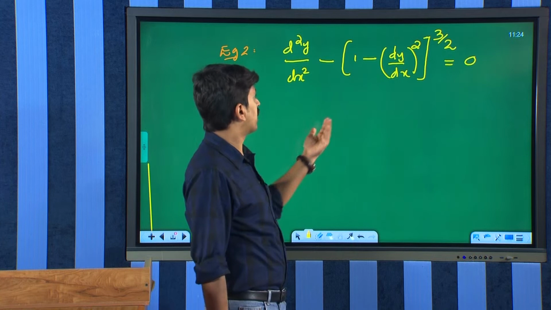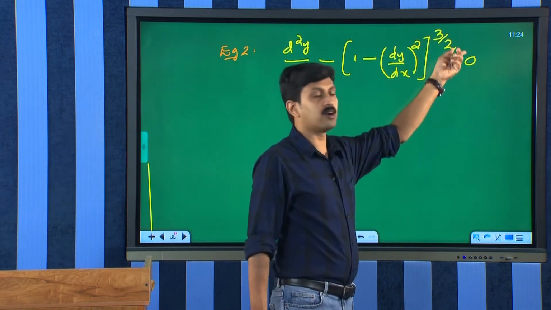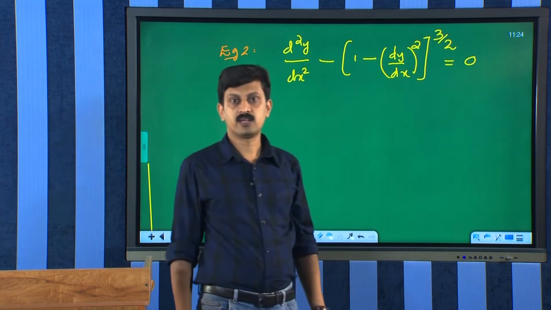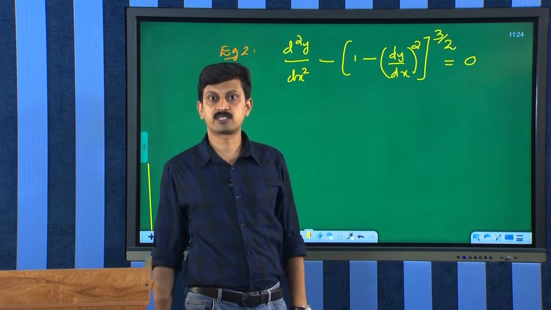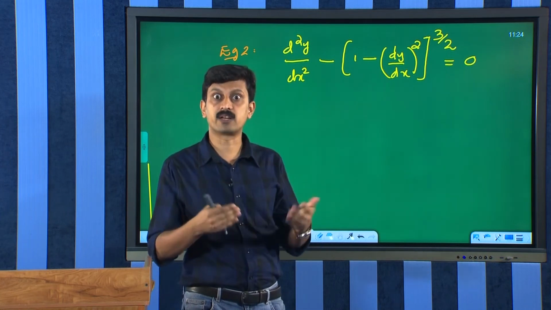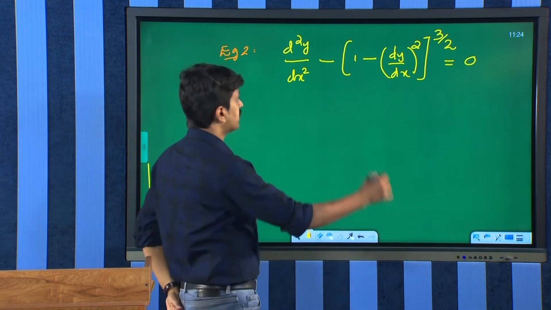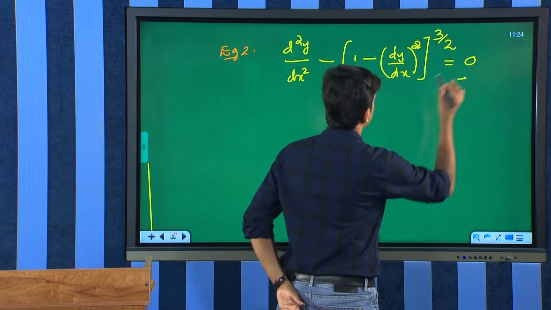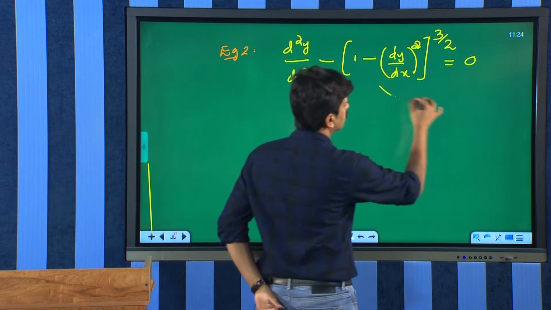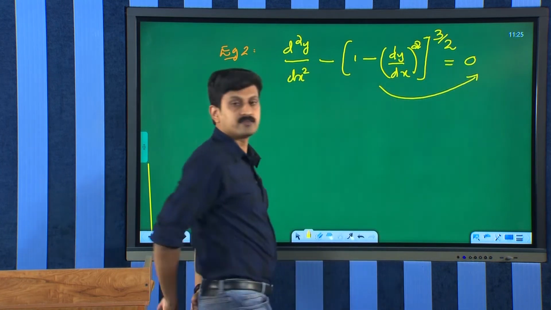See, here we have rational powers. We have to remove the rational powers first, we have to make the differential equation with only integer powers. So, for that we take this to the right hand side.